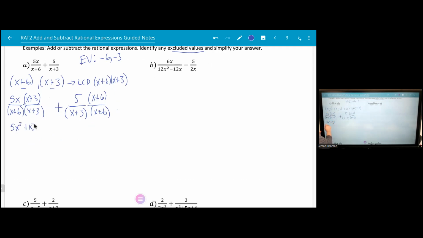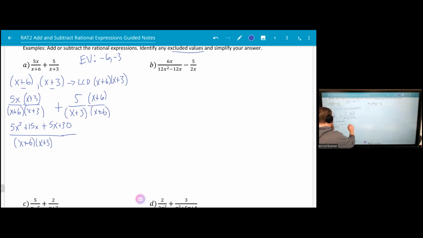And now that I've got a common denominator, I can just put them all under the same fraction bar. My plus, I've got 5 times x plus 6, so 5x plus 30, all divided by x plus 6 times x plus 3. And now I just got to do some cleanup here, just some simplifying here. I've got 5x squared plus 15x plus 5x plus 30.